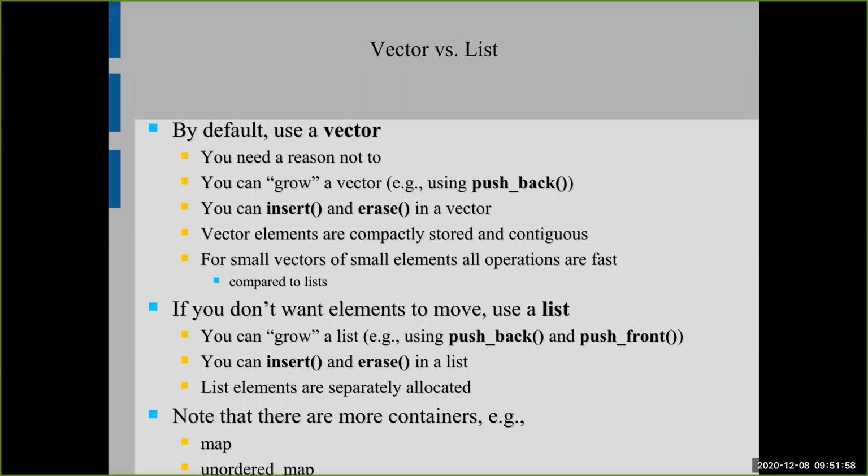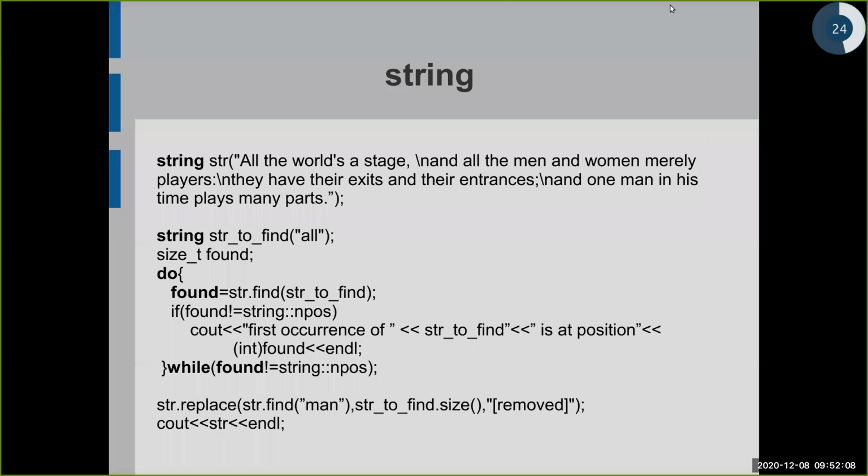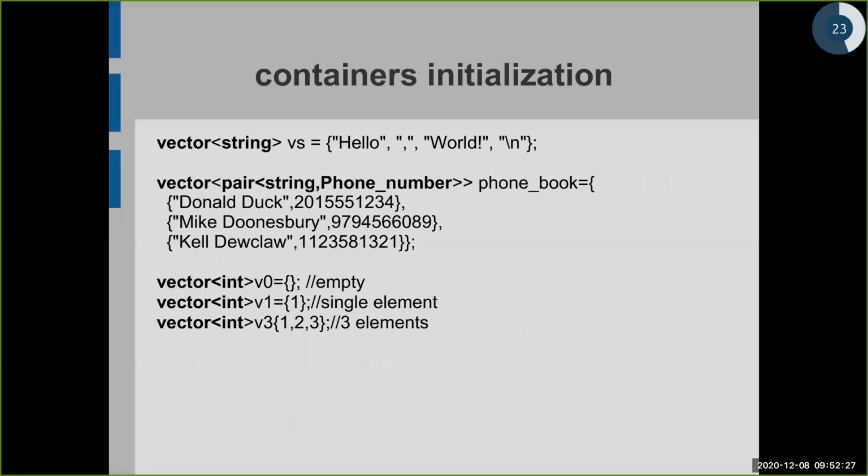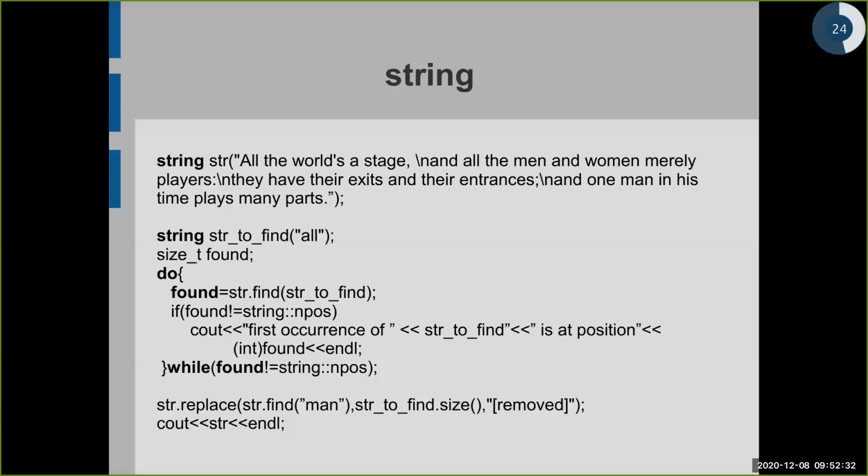Okay, so I'd like to sum up a few things about vectors and list. You should be conscious that string, even if it is assigned to represent text, behind the scenes is a vector of characters, so it behaves the same as a vector of chars.